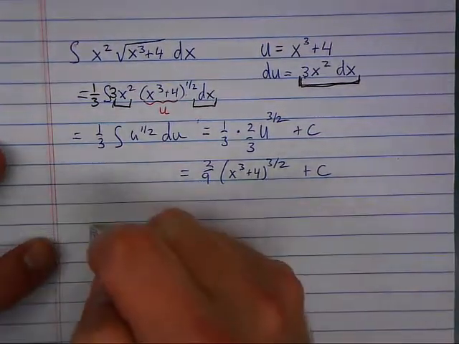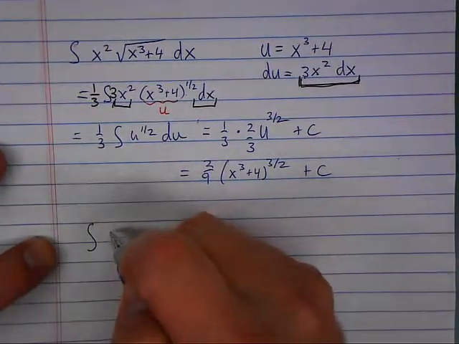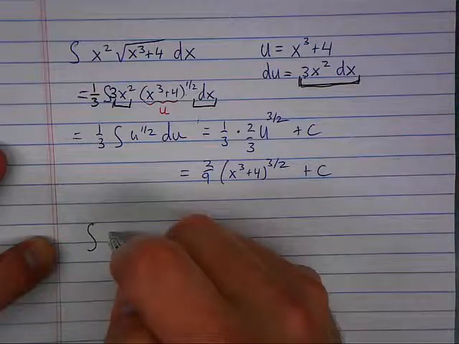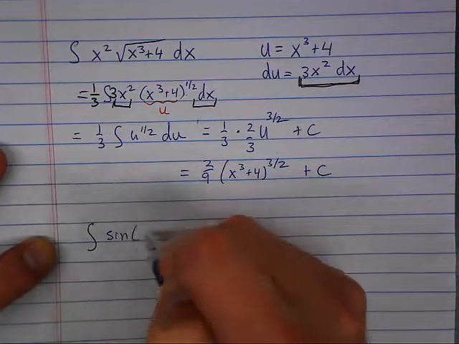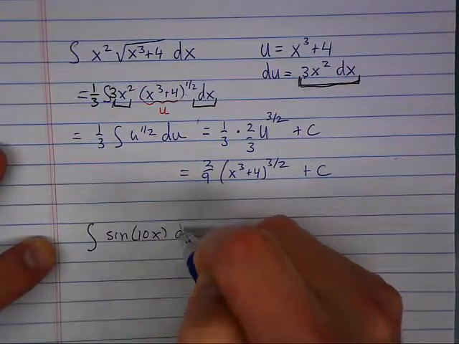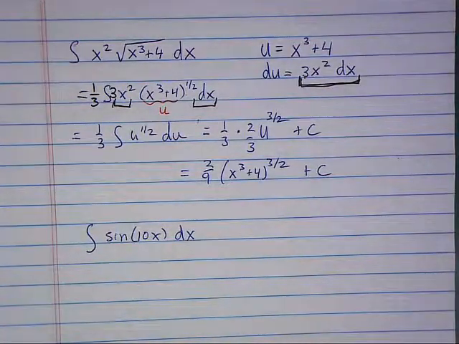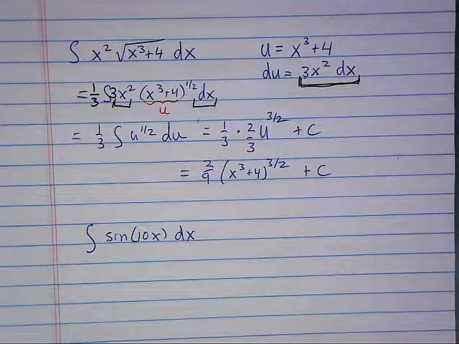How about the antiderivative of sine of 10x dx? I don't see multiplication this time, but I still look at that problem and I still say I really should use u substitution.